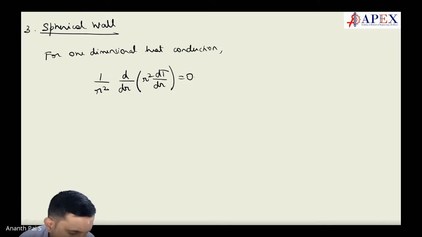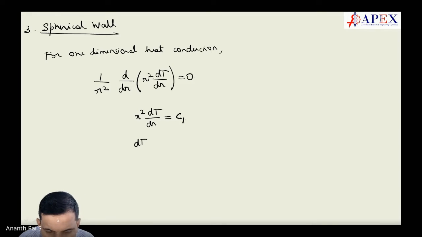So I can write here, when you integrate, you get r square dt by dr is equal to constant, or I can say C1. So dt by dr is equal to C1 by r square.